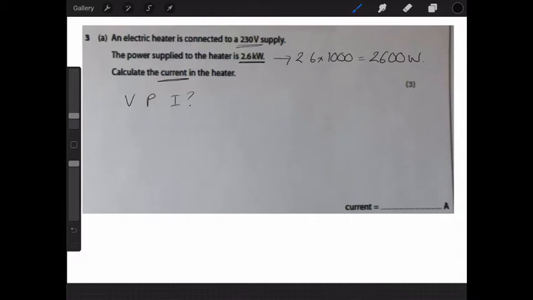So the equation that we need to recall here is that power is current times voltage, and we're going to need to rearrange that equation, but I'm going to substitute into it first to make sure I get as many of these 3 marks as possible, even if I do make an error along the way. So the power, if I substitute that in first, 2,600, is equal to the current that I'm trying to work out, times by the potential difference of 230.